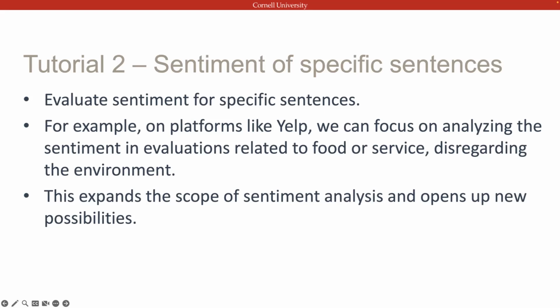Let me check the question in the chat box here. Do you have a process of inspecting which words in the dictionary are primarily driving your sentiment scores? Actually, yes. I would normally inspect this by comparing the frequent words of different sentences.